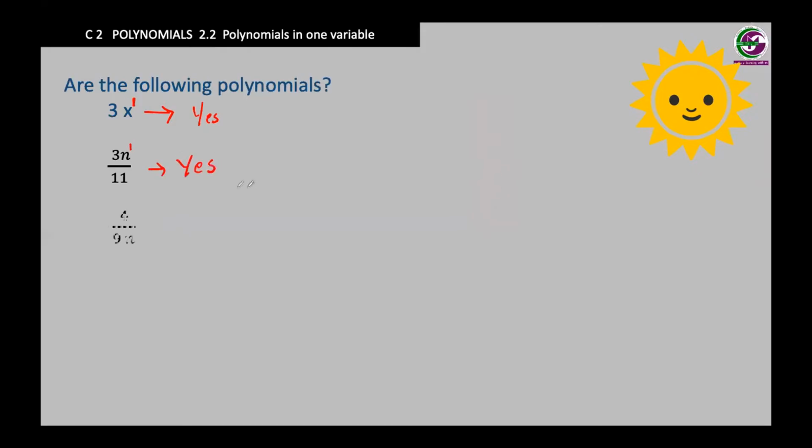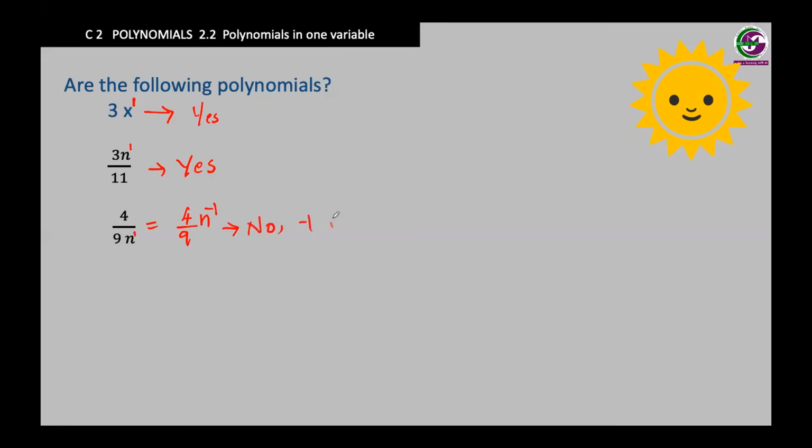Now look at the next example. 4 by 9 with n. Here the power is n, but when you rewrite, we can say that it is 4 by 9 n power negative 1. So when we write it in the standard form, if the power of the variable is not a whole number, this is not a polynomial. Why?